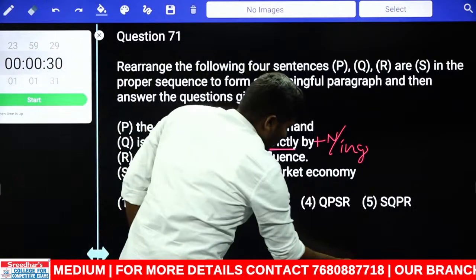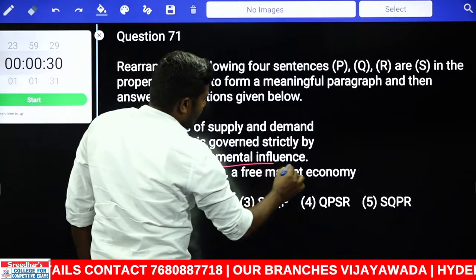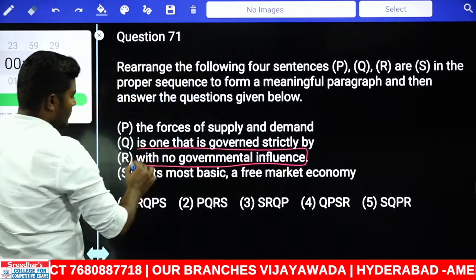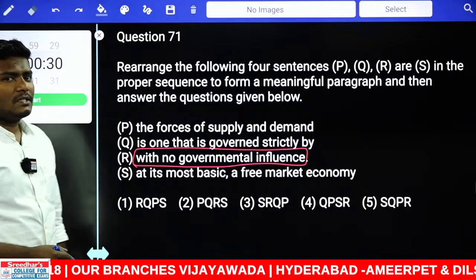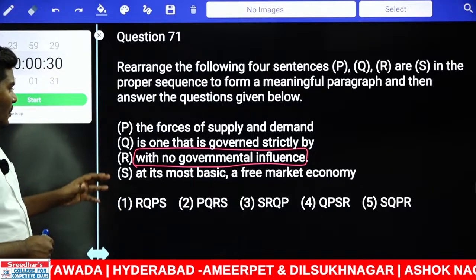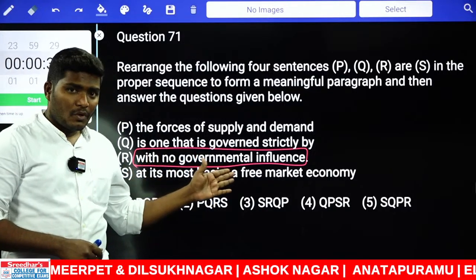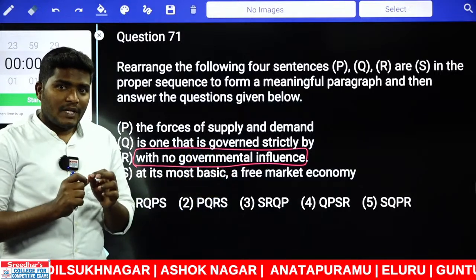Another point that I am going to ask you here: look at this starter, "With no governmental influence." Can you use this as the beginner of a sentence? Look at this: "with no governmental support" or "governmental influence" is a phrase.